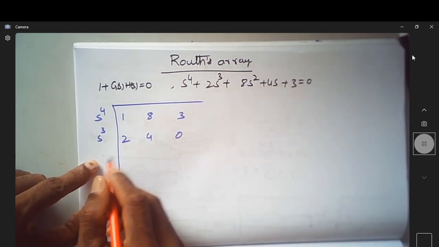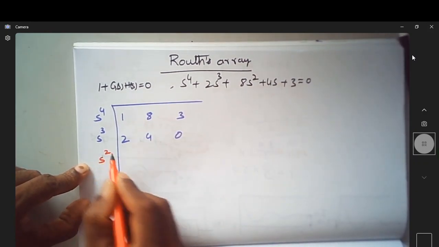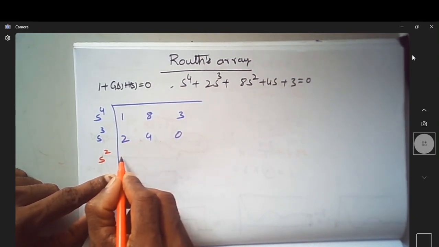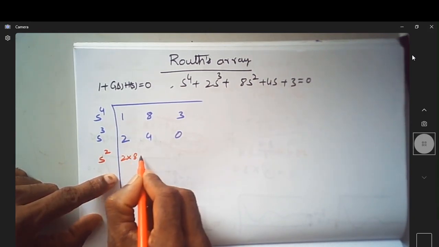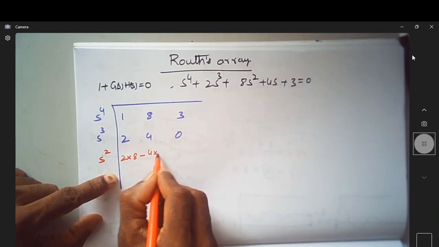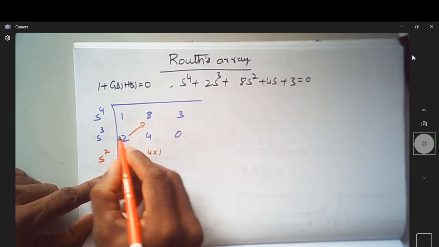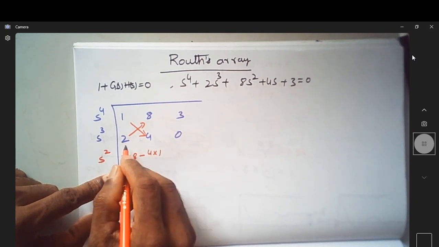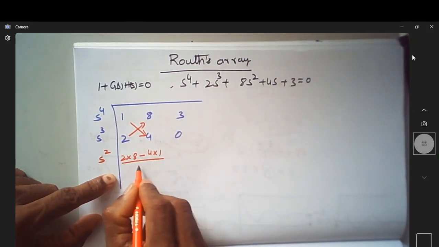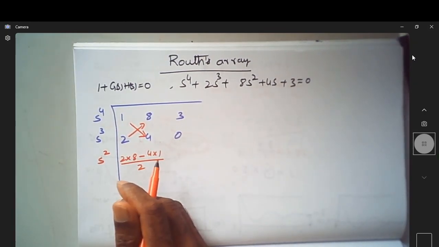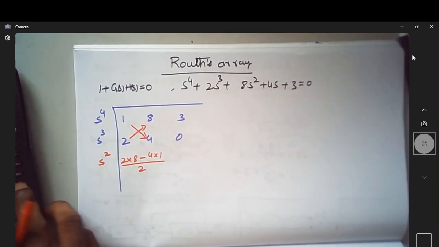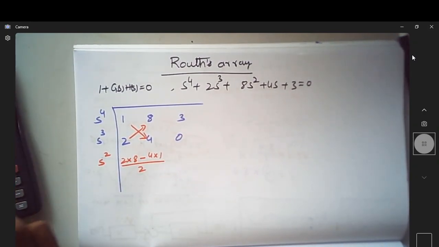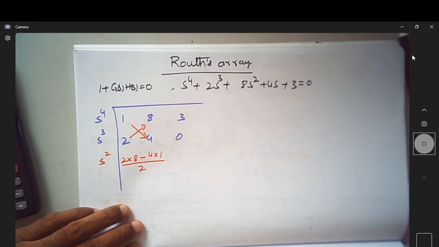Next I should fill in for S square, which is nothing but 2 into 8 minus 4 into 1, that is this into this minus this into this, divided by this, so divided by 2. In this case it is 16 minus 4 divided by 2, so it's actually 6 now.